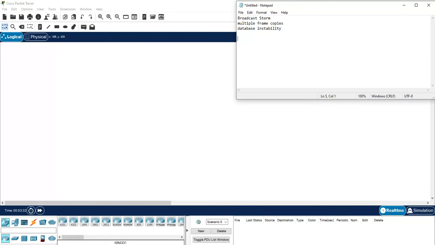Multiple Spanning Tree, MST, is 802.1S. The fifth is Cisco proprietary: PVST, Per-VLAN Spanning Tree, PVST+, and Rapid PVST.